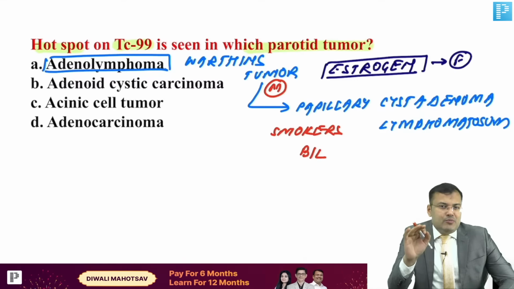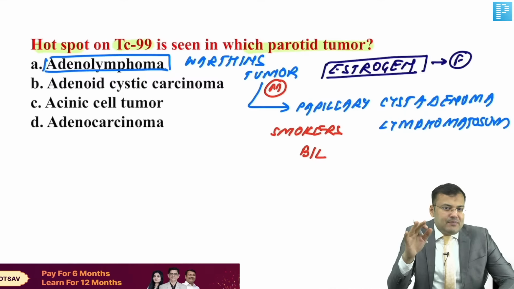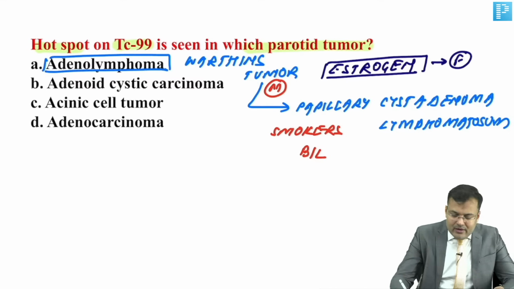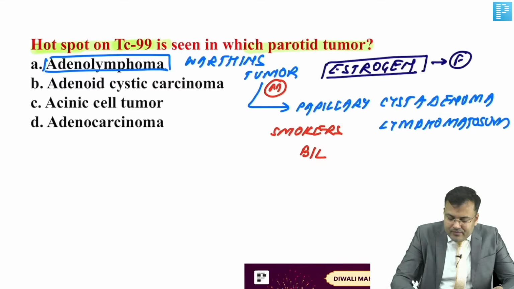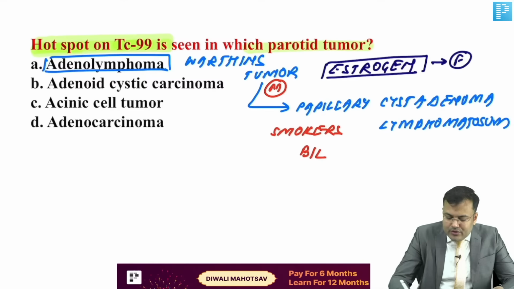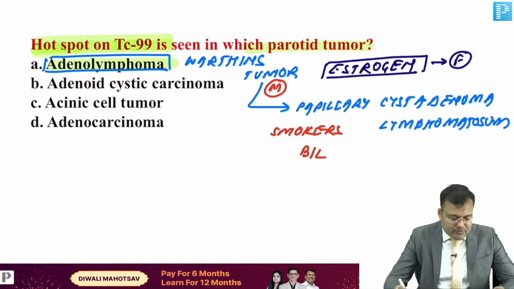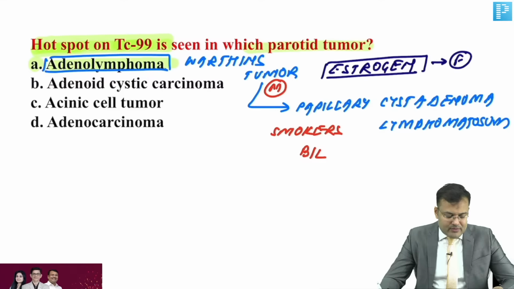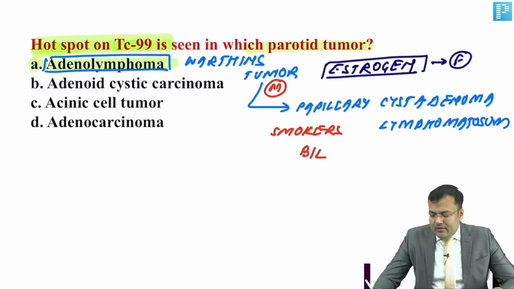Only Warthin's tumor gives a hot spot on technetium pertechnetate scan. Clear? So, the correct answer is adenolymphoma. That is Warthin's tumor.